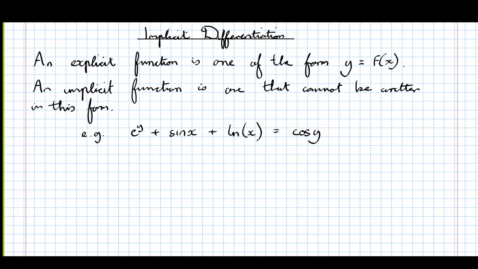We could inverse cos something to get y equals there, but there's still that y hidden in that e to the y. There's absolutely no way that we can rearrange this using algebra to say y equals. So the problem then comes, how do you find what the gradient of that function is? How do you differentiate it? Because if it doesn't say y equals, then we can't make it say dy by dx equals.